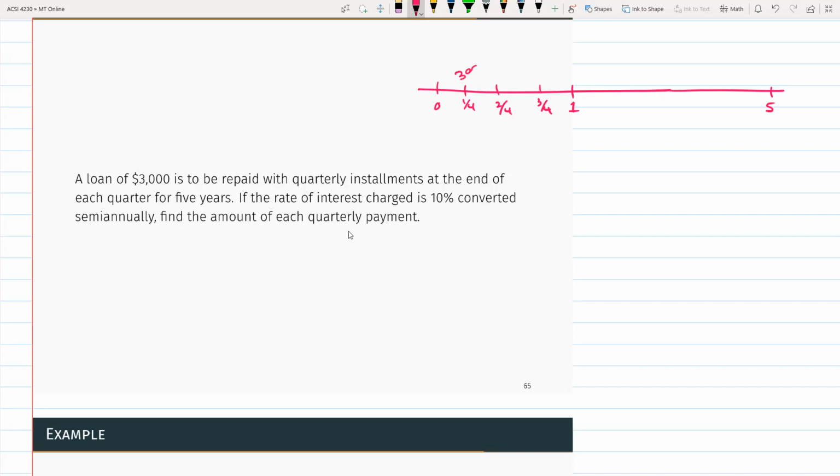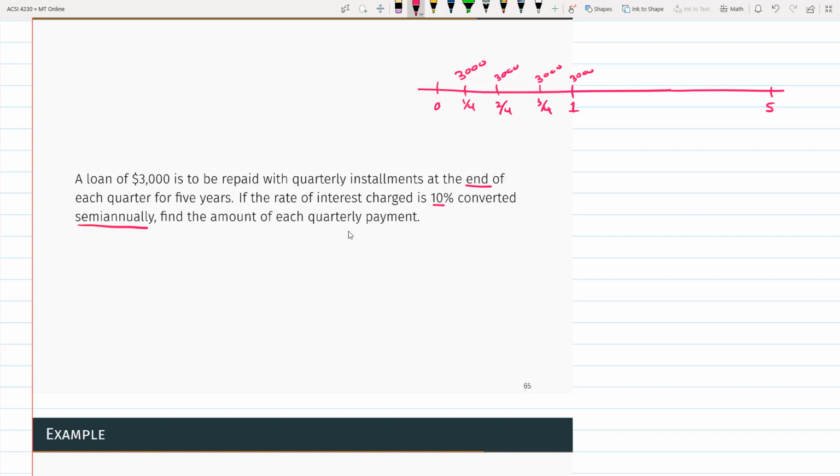The loan is 3,000. At the end, so it's annuity immediate. Now the rate is 10% converted semi-annually.